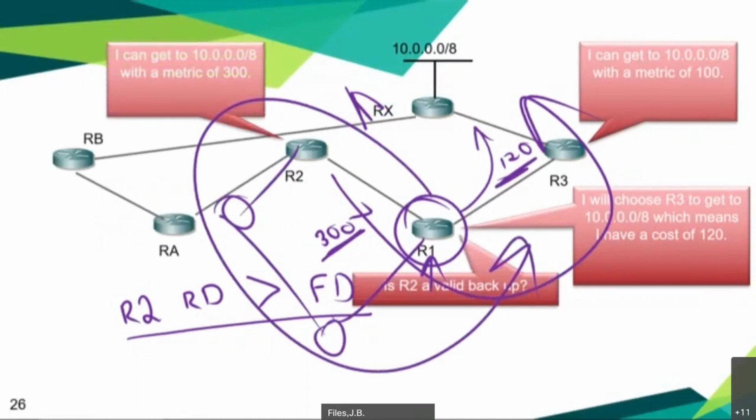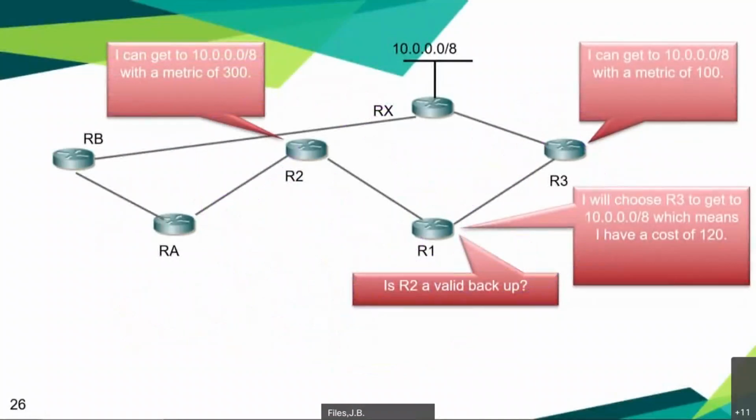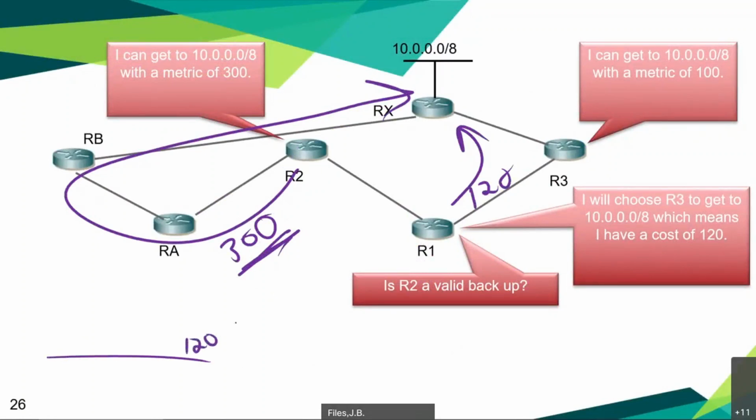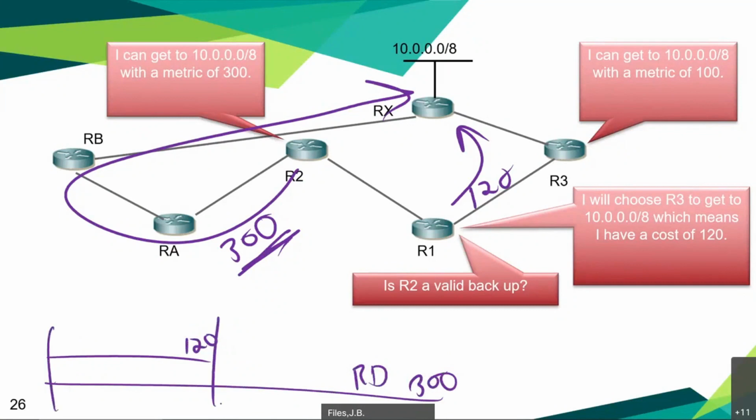Okay, so even though the path is that, we know that there's no loop there, but because this is long, here's the 120, our feasible distance, and the 300, that's the reported distance for R2. This is long enough that we could have a loop.